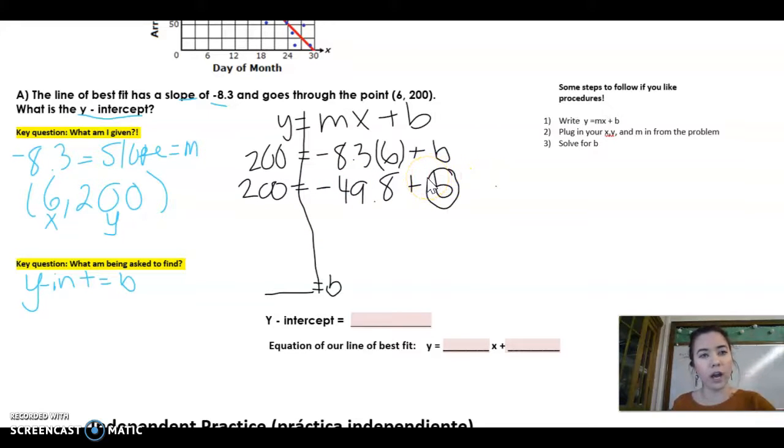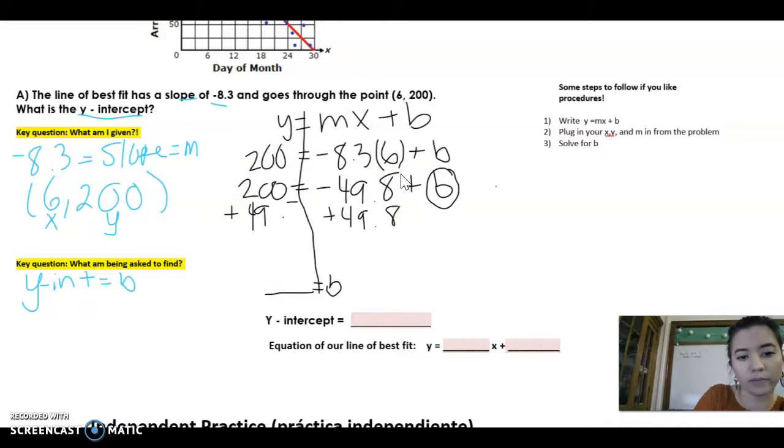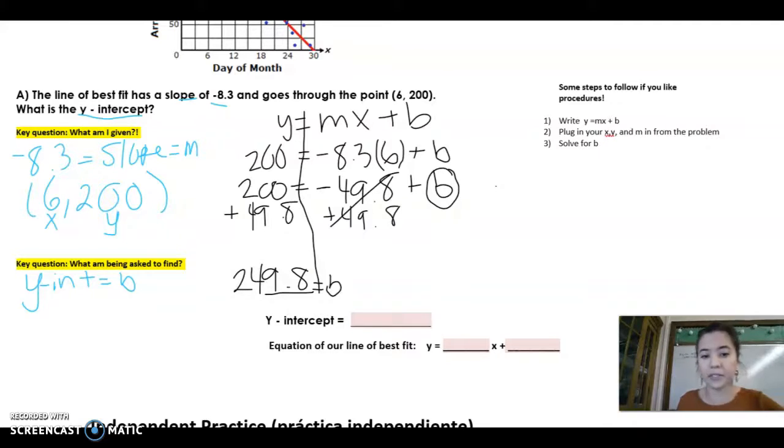Is it subtract, add, multiply, or divide? Add. Opposite of a negative is a positive. So I'm going to do 200 plus that 49.8. What I do to one side, I do to the other. So 200 plus 49.8 is going to be 249.8.